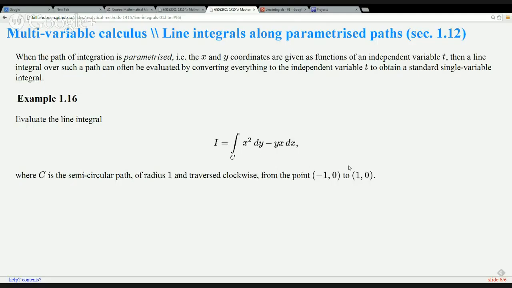I mean, the closest thing to what you're talking about, area under a curve, is if you have some curve in the plane here. So if C is a curve in the plane, so C is in the xy plane, then yeah, you can think of what that curve looks like lifted up onto the surface.